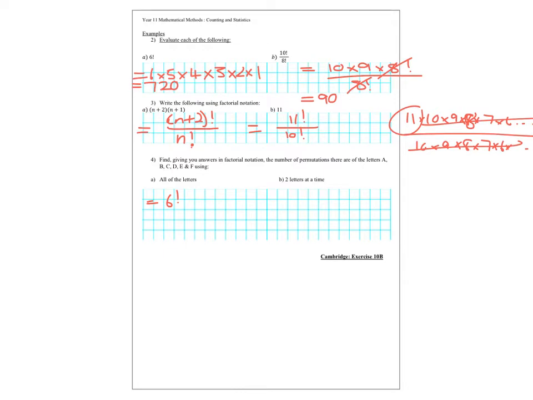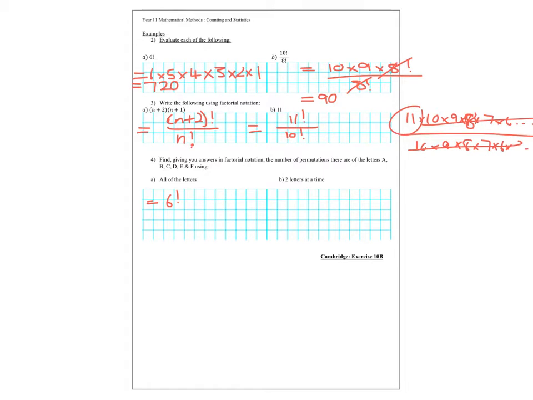Because you think, for the first time you pick something, you'd have 6 choices. For the second time, you'd have 5. Third time, you'd have 4. Fourth time, you'd have 3, etc. You do 6 times 5 times 4 times 3 times 2 times 1. So we're doing it in factorial notation, so we'd leave it as 6 primed.